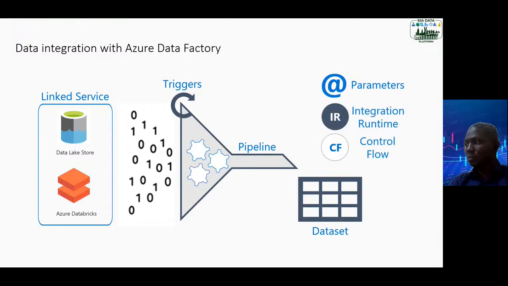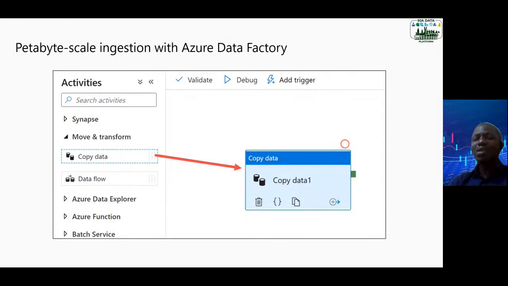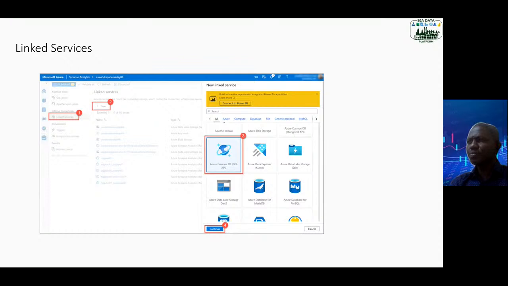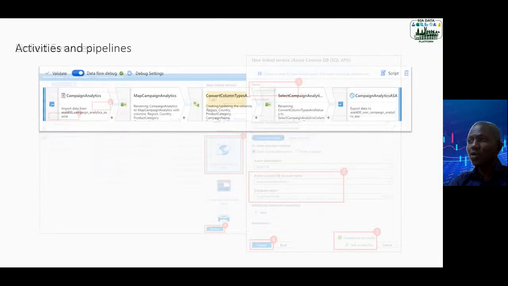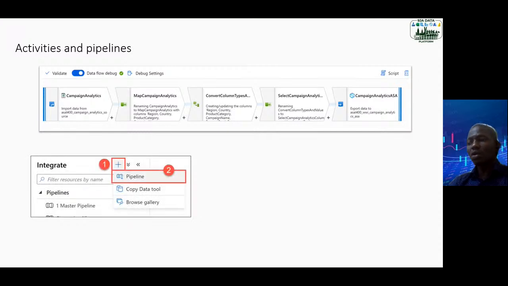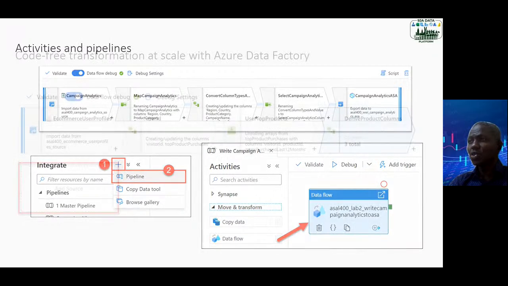Okay? And you have a control flow. So you can also copy petabytes of data. There are tools on the Data Factory to handle that. You have your linked services to Cosmos DB. So all these tools are available there for you. I click and run the configuration on Data Factory, connect to your pipeline, connect to other data sources too for your data transformation.